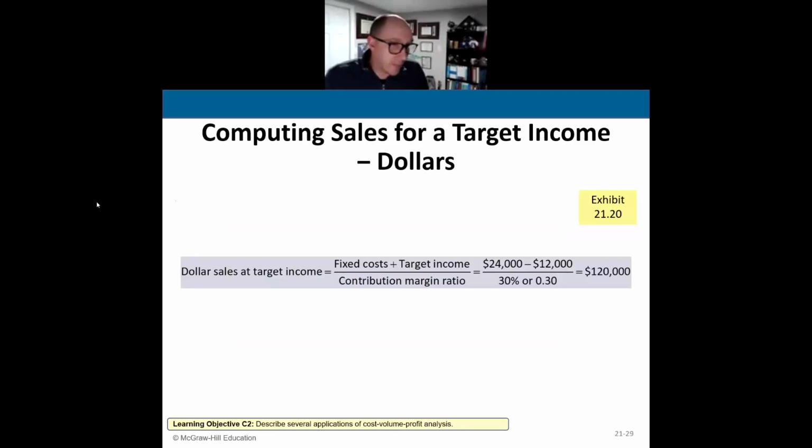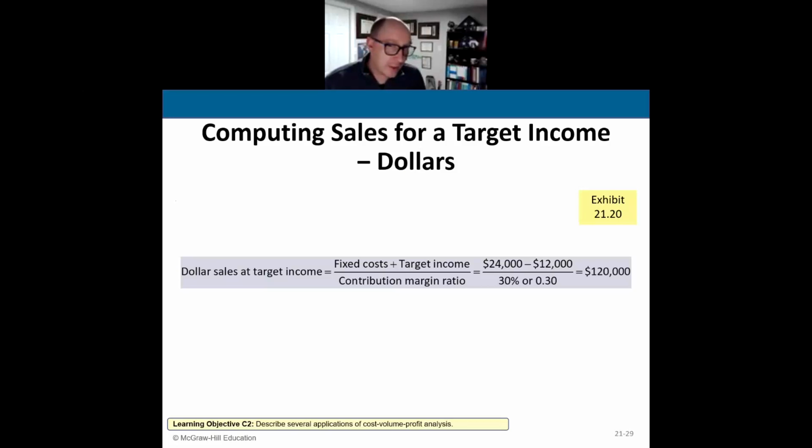In business, and I use this a lot when it comes to pricing, I like to create what's called a target income. Target income is simply, I want to make this much money in income for the year, for the month, whatever. How do I do that?